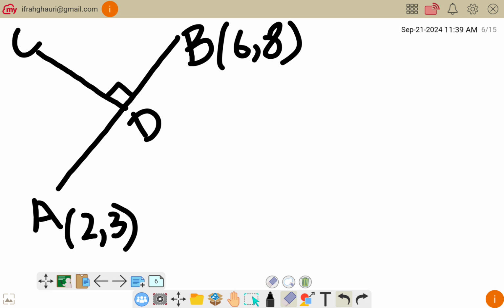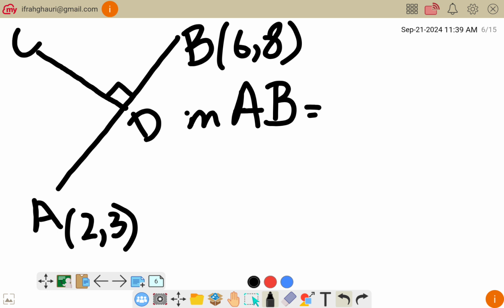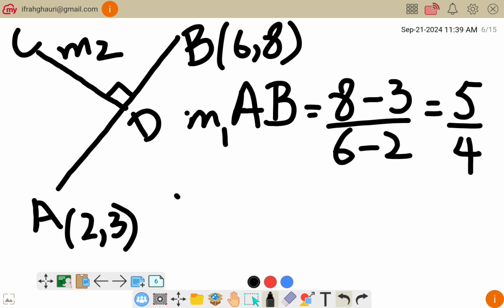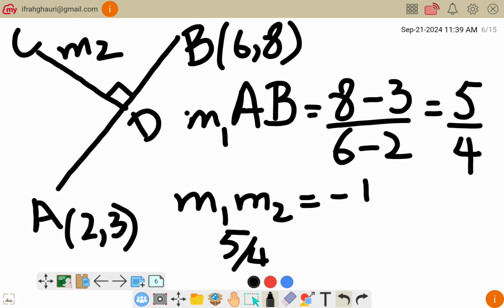First we will find the gradient m1 of AB, and that is calculated as 8 minus 3 over 6 minus 2, which is equal to 5 over 4. And the gradient of CD will be m2. So m1 times m2 is equal to minus 1. So 5 by 4 times m2 is minus 1.